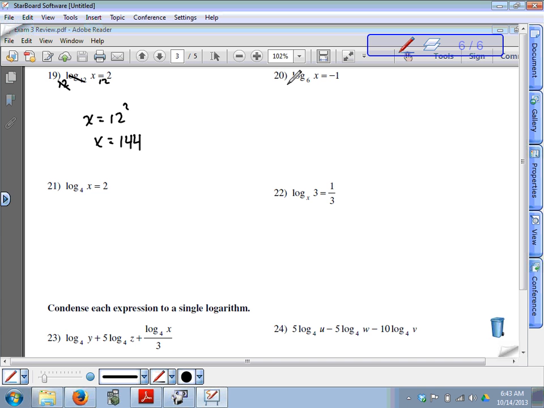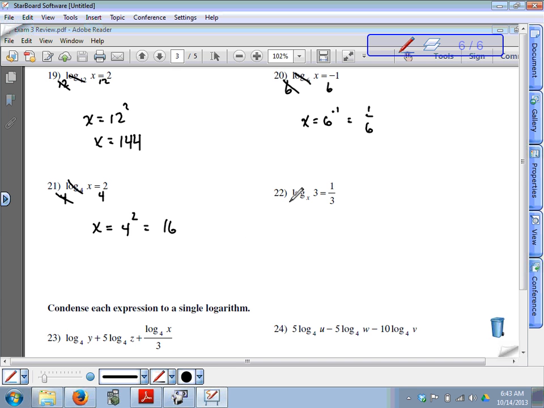Number 20, use a base of 6 on both sides. X equals 6 to the negative 1, which is 1/6. Number 21 is a base of 4 on both sides, so x equals 4 squared, which is 16.